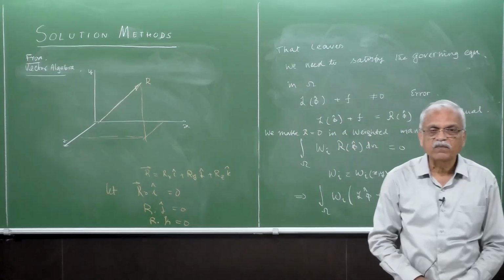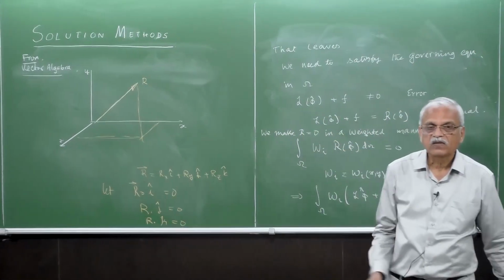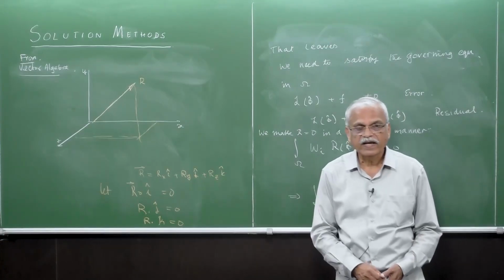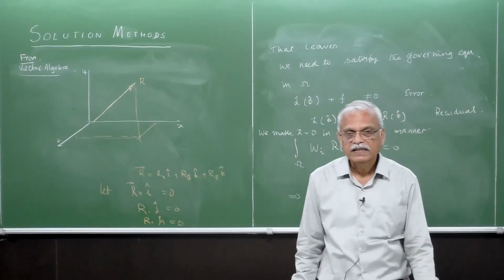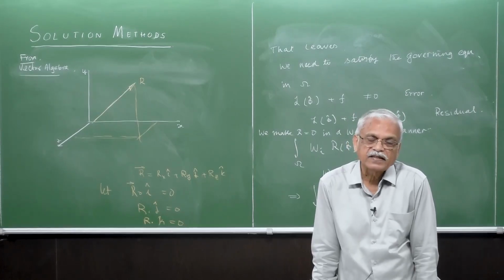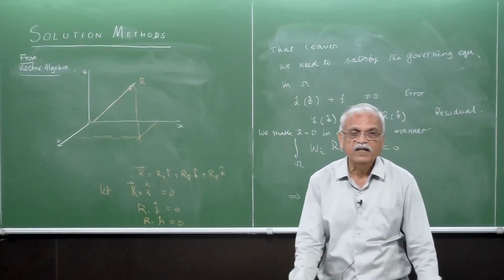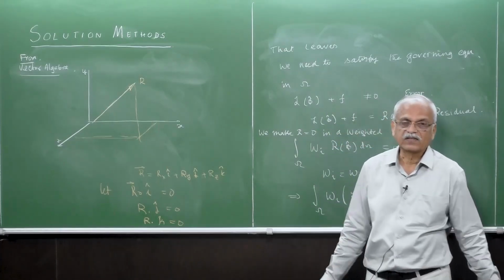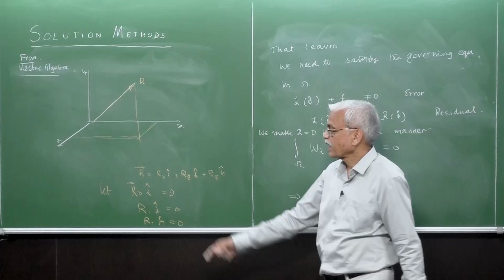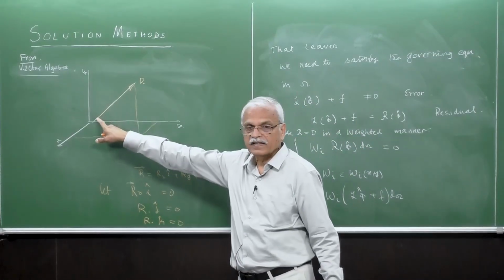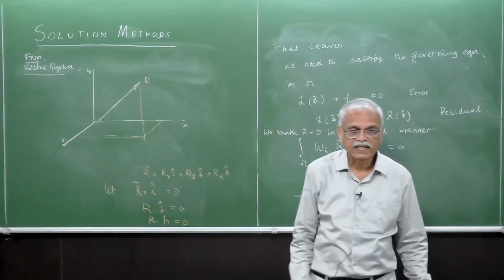So what will R be? R has 0 component in the x-axis, 0 component in the y-axis, 0 component along the z-axis. If you put these three conditions, what will be the value of R? R has to be 0 by itself, right? R cannot have a component in the x-axis, in the y direction, or in the z direction.